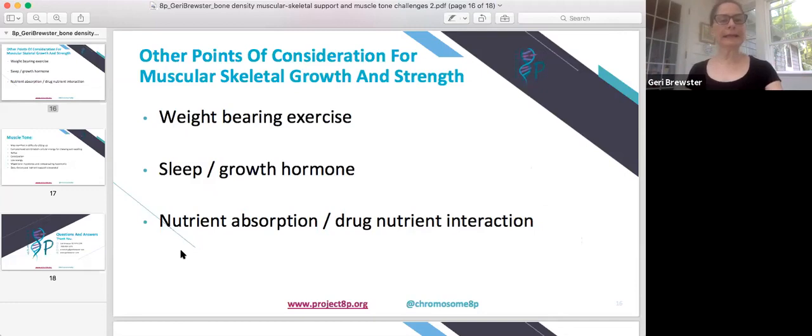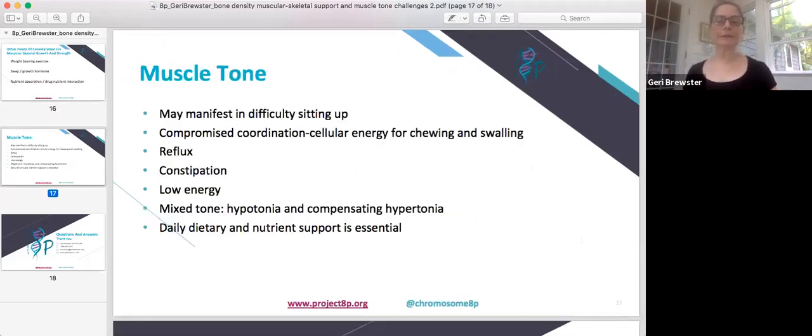And then I think the last slide that I had was really everything that I already mentioned, just summarizing all of this in terms of muscle tone, which from previous conversations is just the culmination. We know how muscle tone presents, right? Everything that I mentioned here.